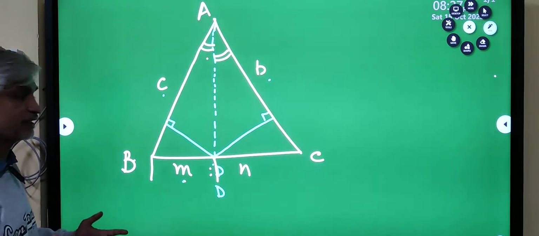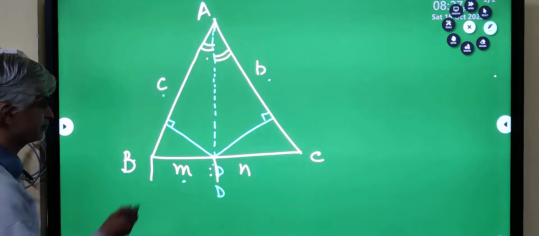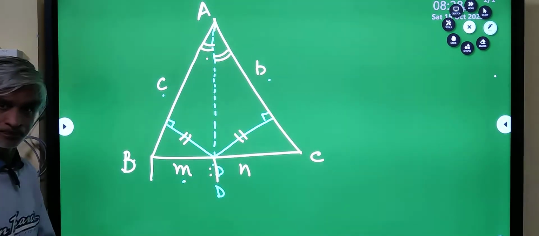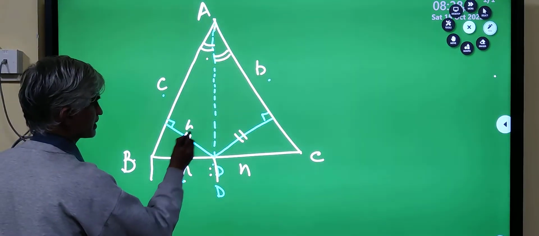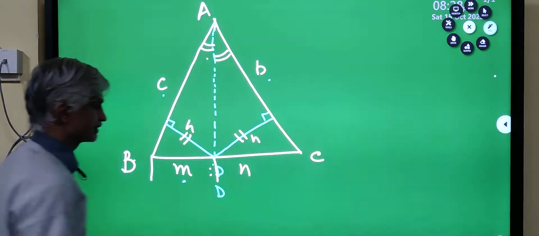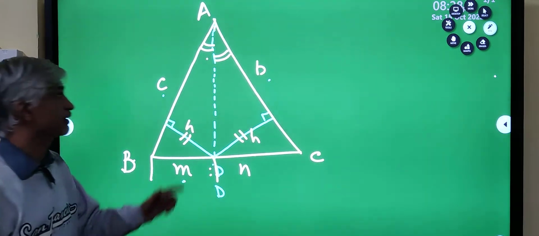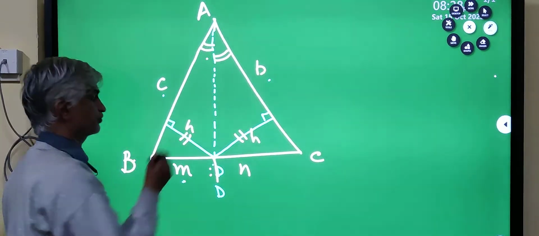Now, by the very popular angle bisector theorem, we know that these two sides are same. Let's call this H and let's call this H. Now the reason these two sides are same is because D lies on the angle bisector of A.